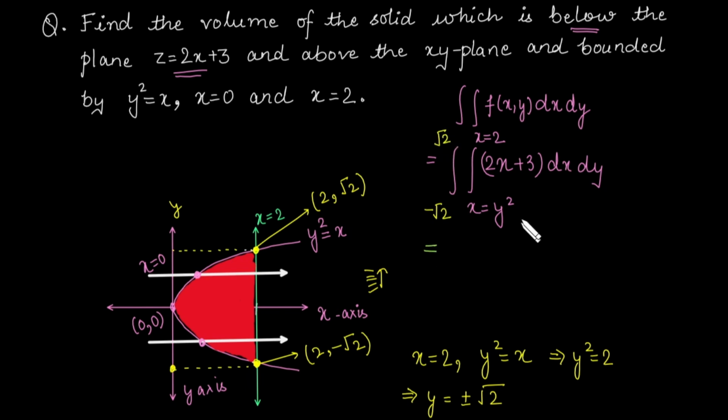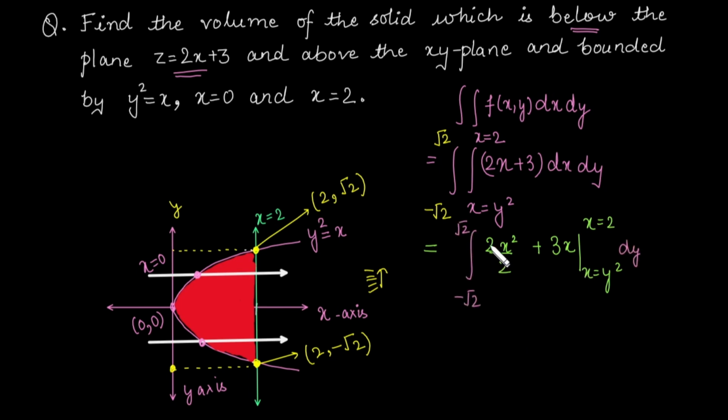Now we can evaluate this double integration. First with respect to x, that is 2x square by 2 plus 3 times x, where x is equal to y square as the lower limit and x is equal to 2 as the upper limit, and the limit of y as it is. This is further equal to the integration as it is. Substitute the upper limit of x, we have 4 plus 6 minus, lower limit of x is y square.